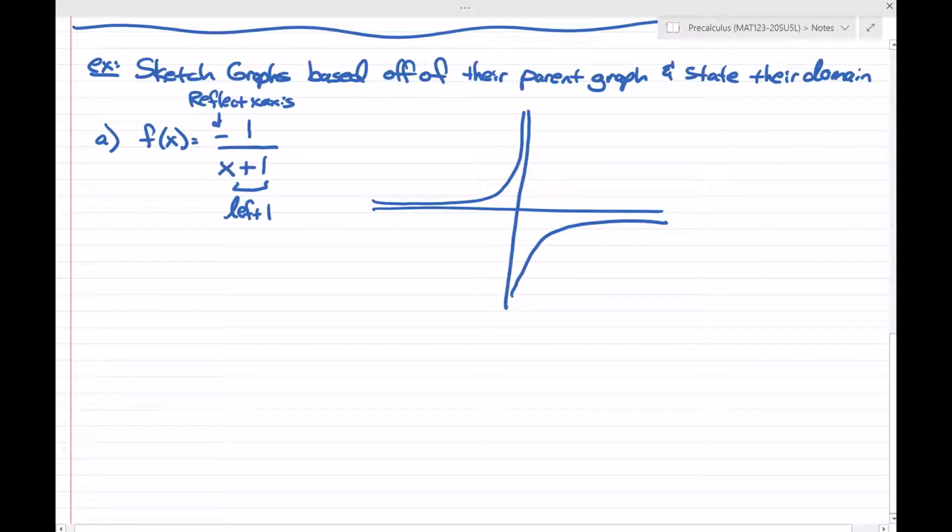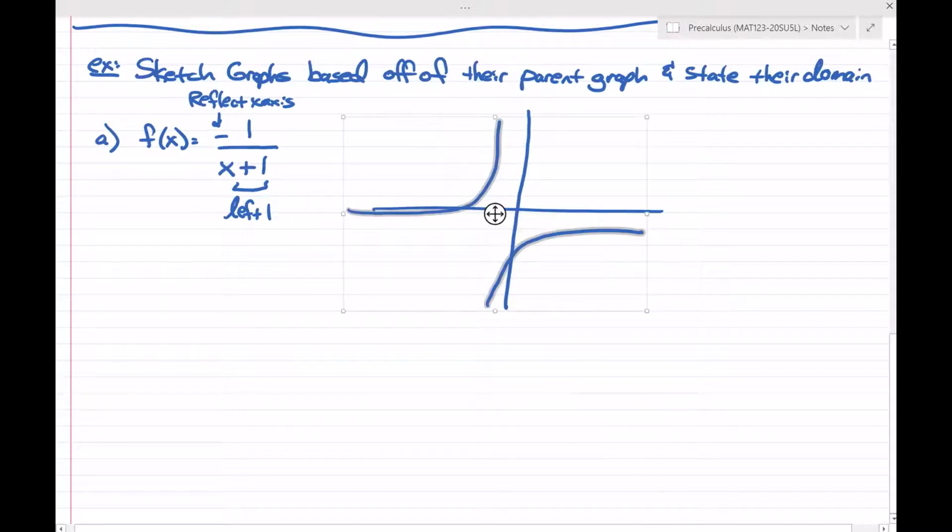I'm going to try to just grab the branches. I'm going to move them to the left. Having a little bit of trouble just grabbing the branches. I think that'll do it right there. And we're going to move that to the left 1 unit like that.